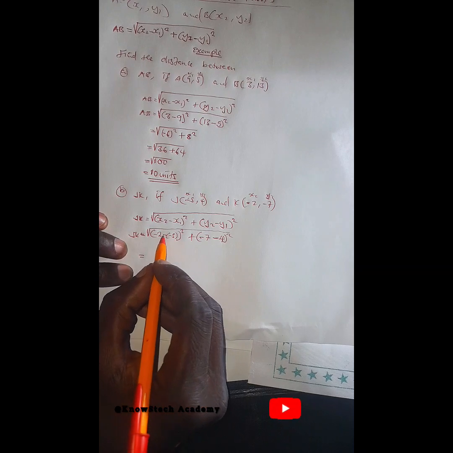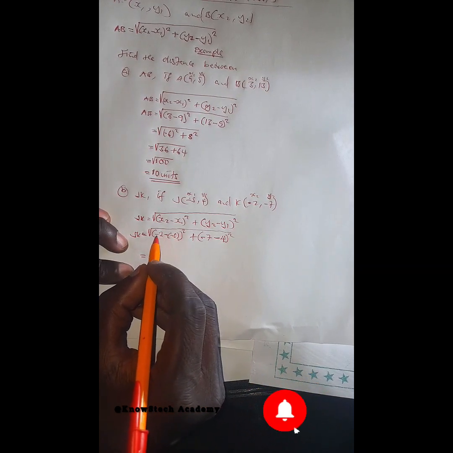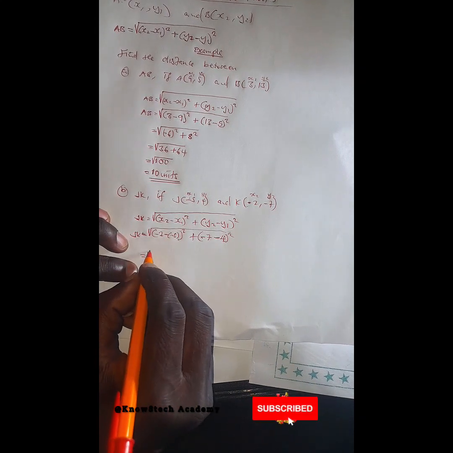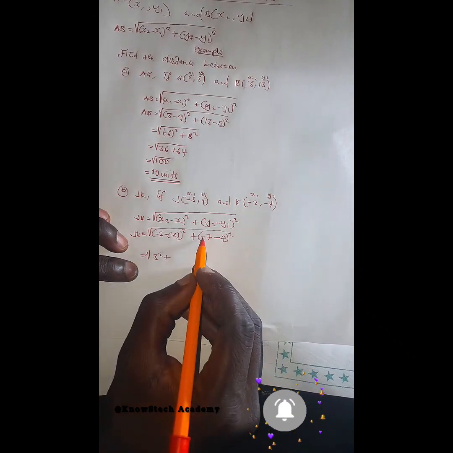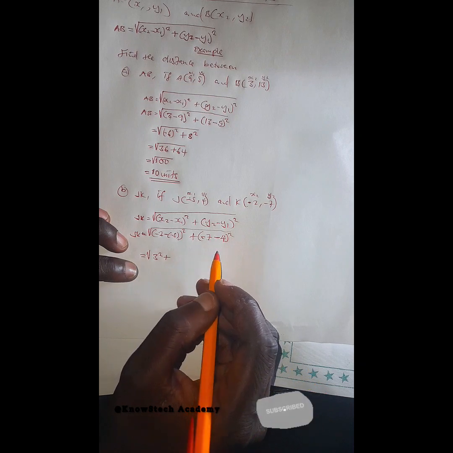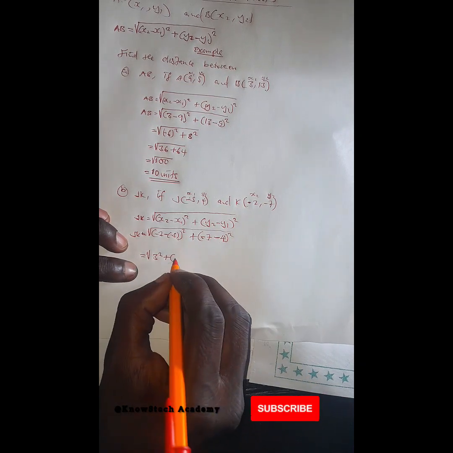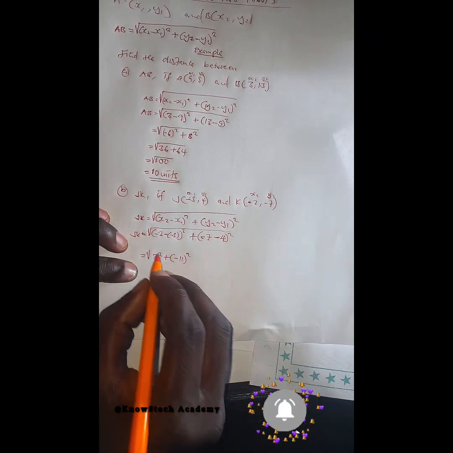Negative times negative here is positive. So in other words, we have negative 2 plus 5, which is positive 3, so we have 3 squared. Plus, negative 7 minus 4: when you have two negative numbers, just add and keep the common sign, which is negative 11, so 11 squared.